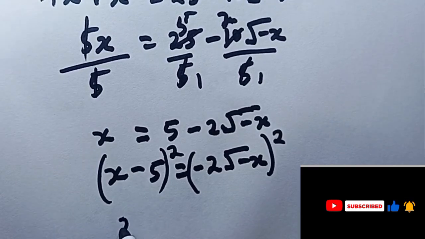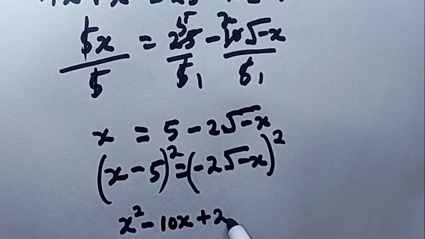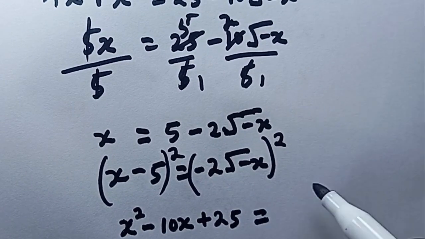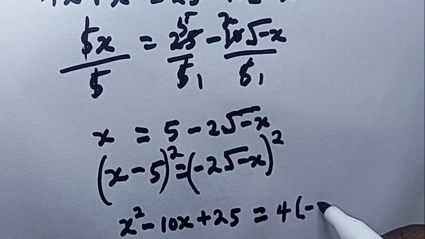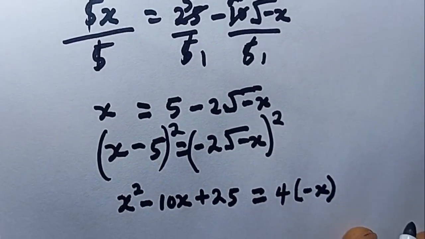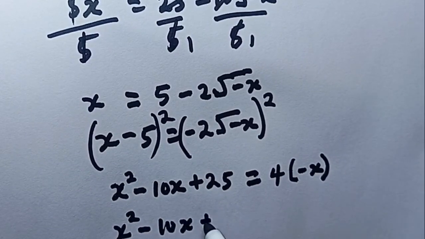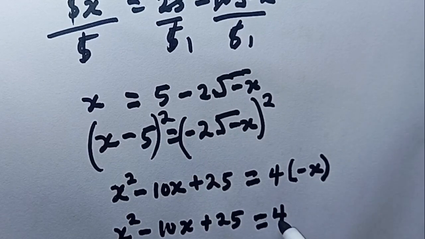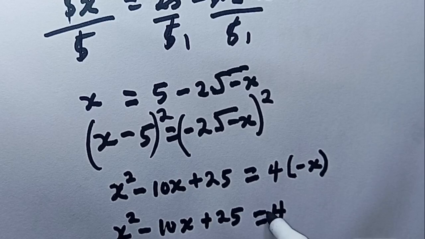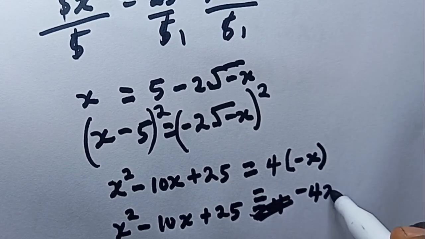And if I do that, this is x squared minus 10x and then plus 25 is equal to 4 multiplied by negative x. Okay, so if I simplify, this is x squared minus 10x plus 25 is equal to minus 4x.